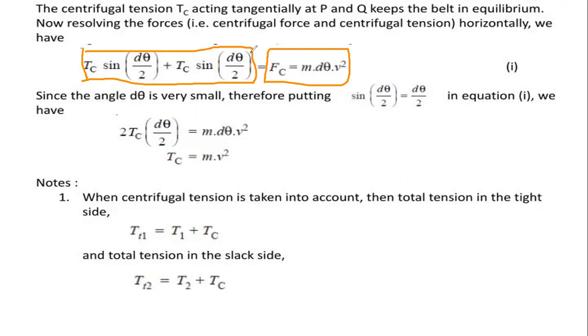Then since the angle d theta is very small, therefore we are putting sine d theta by 2 is equal to d theta by 2. So we are eliminating the sine there.